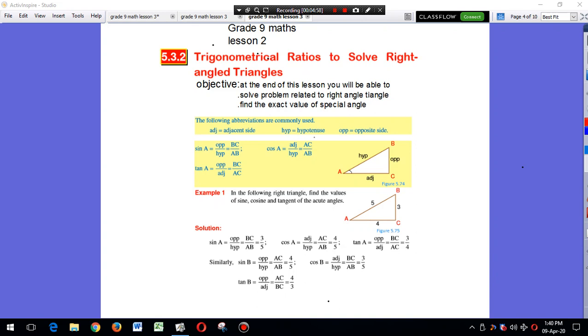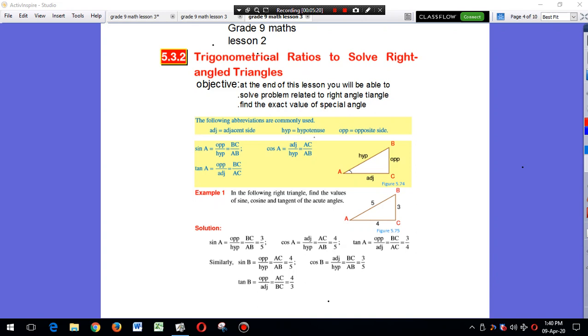In order to find sine A, as we stated earlier, sine A is the opposite side of angle A divided by the hypotenuse. The opposite side to angle A is BC, which is equal to 3, and the hypotenuse is AB, which is equal to 5. So sine A is equal to 3 over 5.